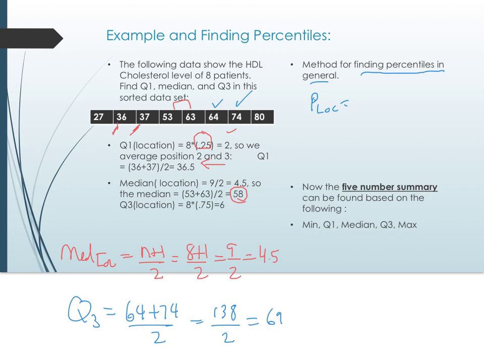So again, the general method for finding percentiles is that the percentile location is equal to n, the sample size, times whatever the percentile is in decimal form. And make sure that your sample is sorted.